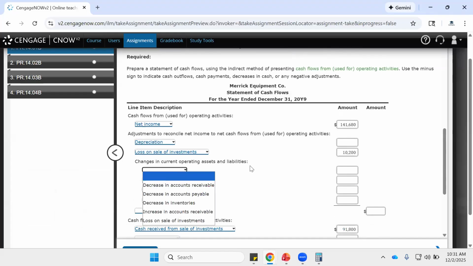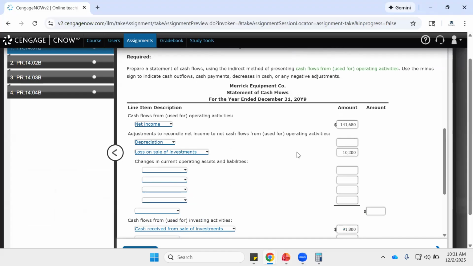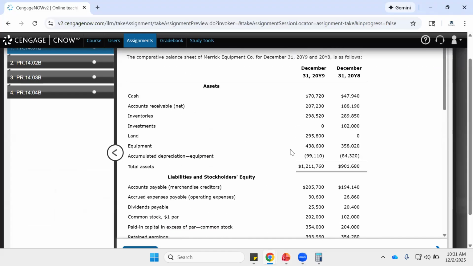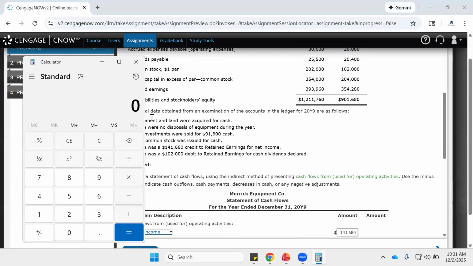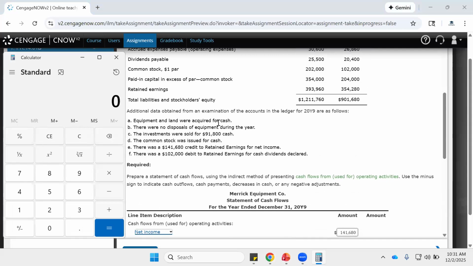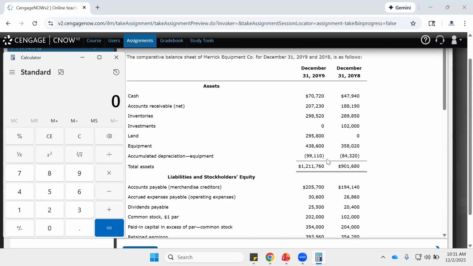And for depreciation expense, you can see how much accumulated depreciation increased throughout the year. It said equipment and land were acquired for cash. There were no disposals of equipment during the current year. So accumulated depreciation only went up because there were no disposals.